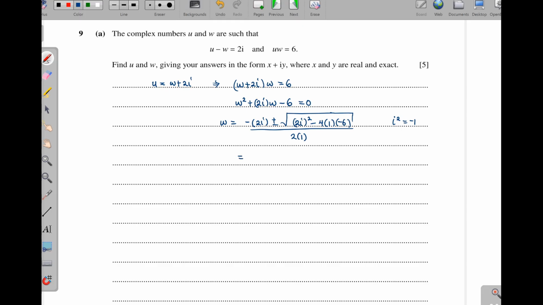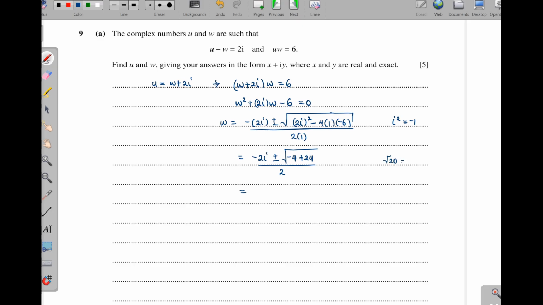Now, what do we get here? We shall get negative 2i, then plus or minus. This one will give us 4i squared, which is going to be a negative 4. And then this is a positive 24. Then over 2. That means here we are going to have root of 20.